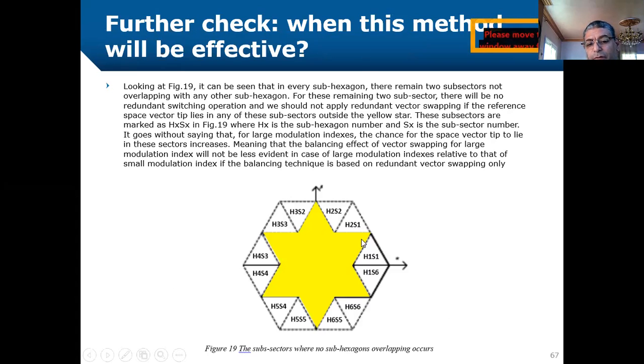So for any reference space vector lying within the boundaries of this yellow star, this method will be effective because for all of these space vectors, we have two redundant representations, either in the native sub-hexa or the alternative sub-hexa. Outside these boundaries, we don't have redundant representation. So the effect of this method will be limited for space vectors lying in the white areas.